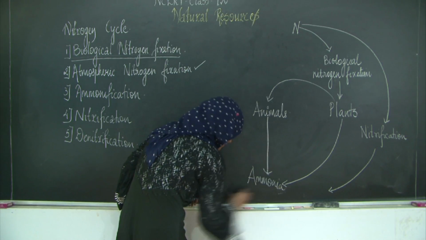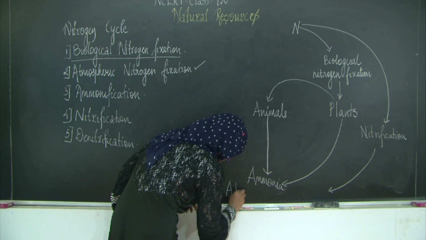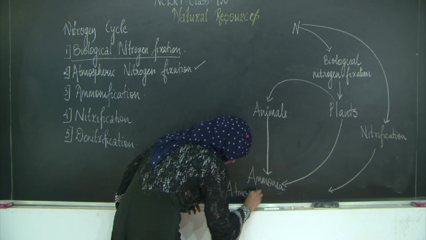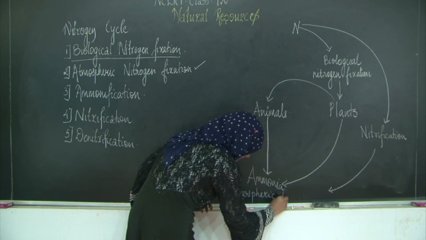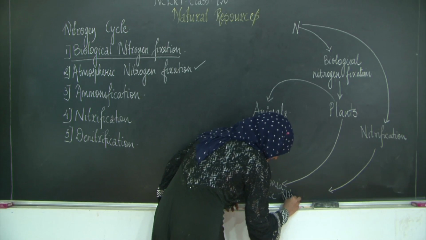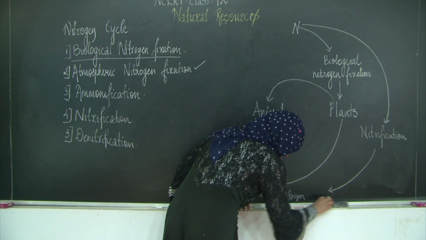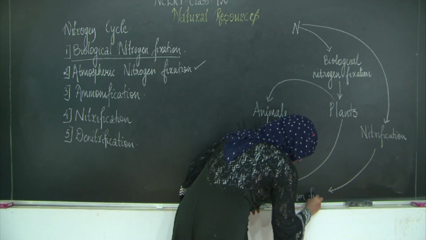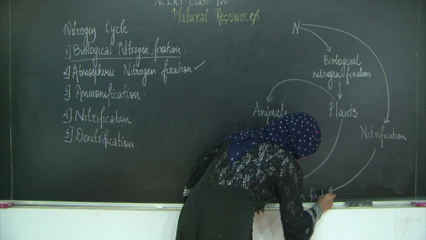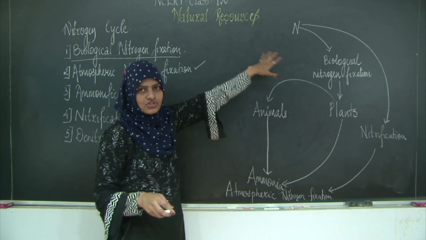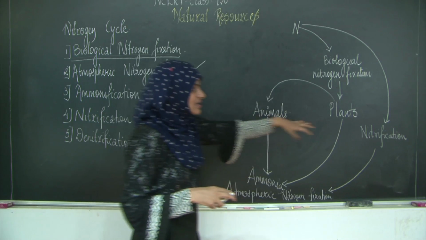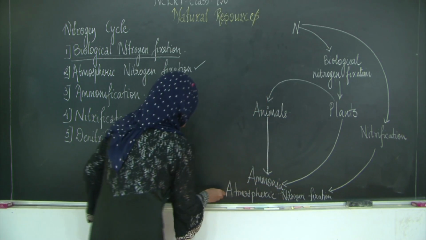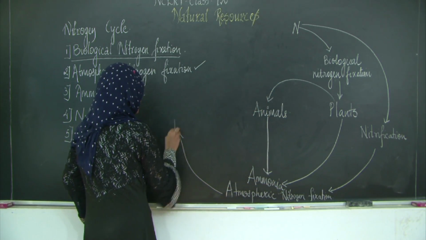This is known as atmospheric nitrogen fixation. So, what happens in atmospheric nitrogen fixation? Due to lightning and thunder, this elemental nitrogen gets mixed with the oxygen and gets converted into nitrites, and that process is also called nitrification.